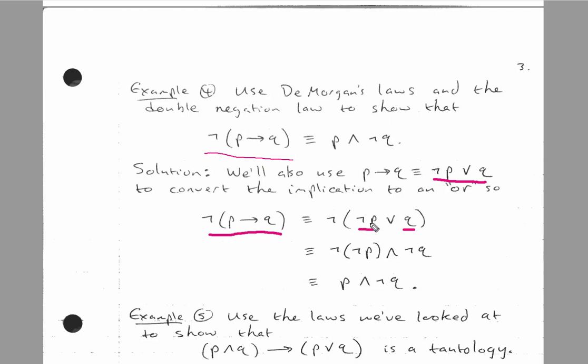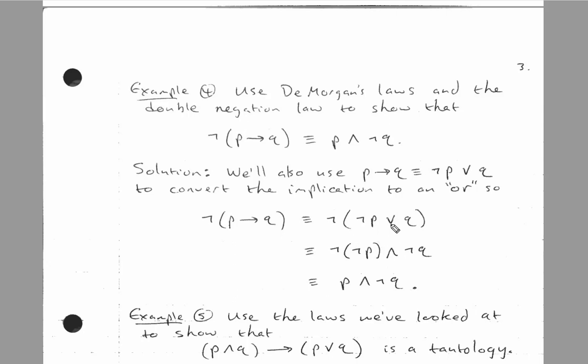Okay, so not something or something is not the first thing and not the second thing. Alright, so De Morgan gets us to here. Okay, and now we have a double negation, so that just turns into a P. Okay, so this is equivalent to P and not Q. Alright, so did you see that?